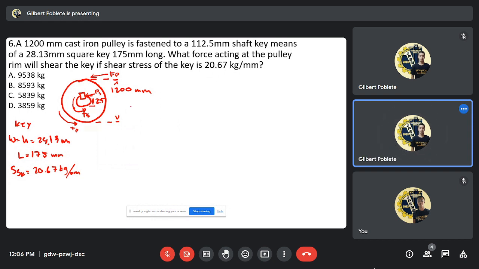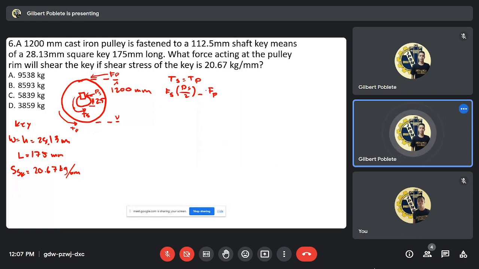So TS equals to TP. So pwede natin masabi para makuha natin yung torque is force ng shaft times the diameter ng shaft over 2. Tapos yung sa pulley natin is parehas lang din.